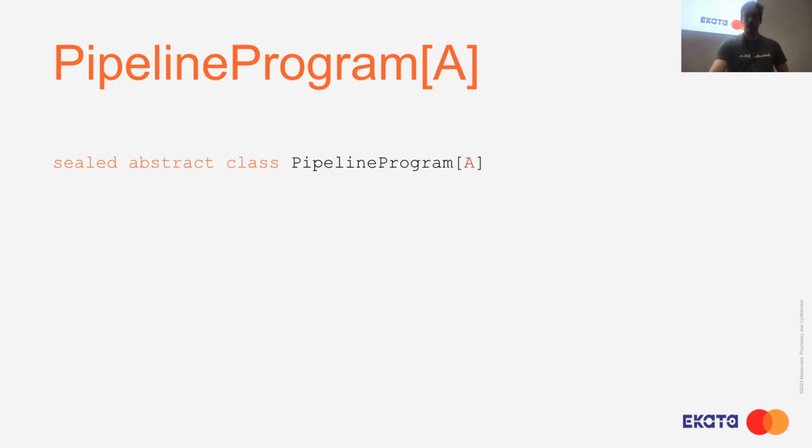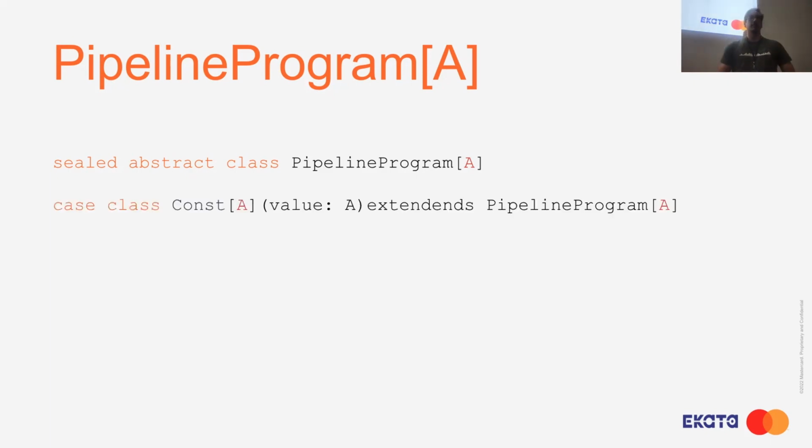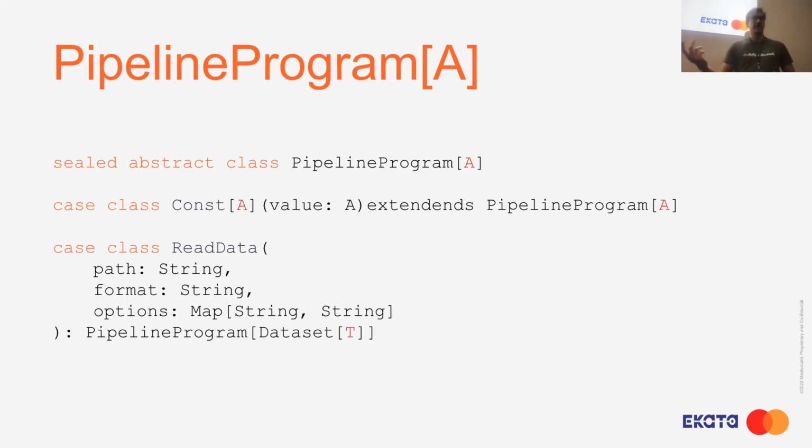So let's see what we come up with. Of course, we have the classic wrapper that just wraps a constant value in our pipeline program context. We have read data. We are data engineers, so we probably need to read data. There is a read bytes variant of this. And what you can see in the types is that it is a PipelineProgram of Dataset. This is not some generic dataset.